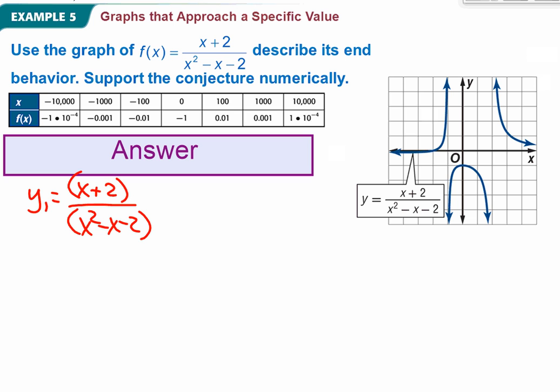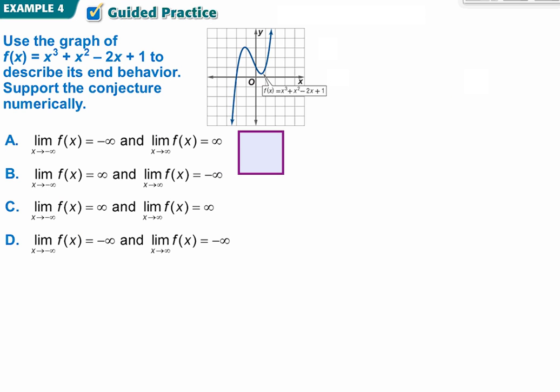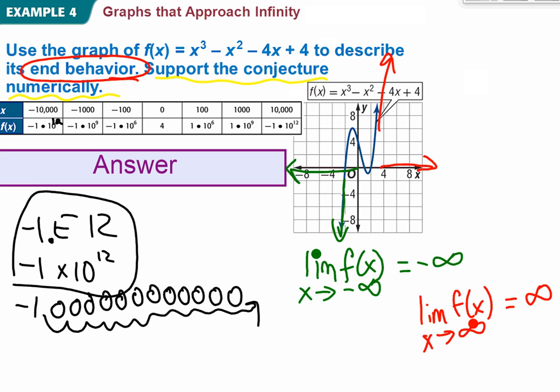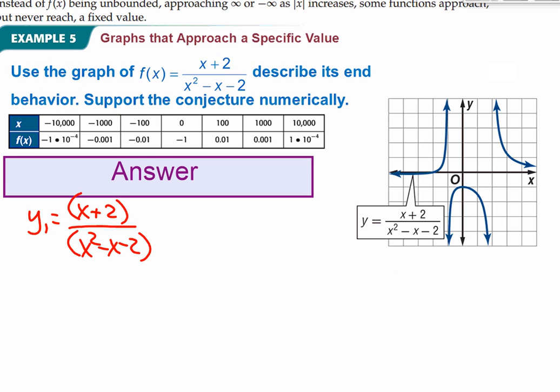Okay, and I'm seeing enough validation that I agree with that. When a few of you were gone, we said that on the calculator, it'll show something like negative 1 E12, and just a reminder that I will expect to see negative 1 times 10 to the 12th.